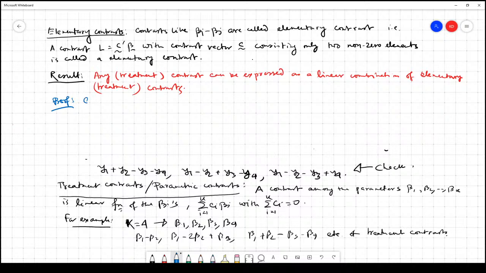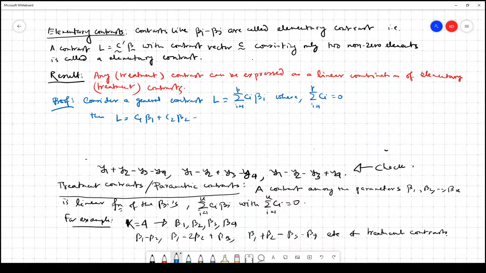Consider a general contrast. The general contrast L, which is equal to the sum over i from 1 to p of ci beta i, where the sum of ci from 1 to p equals 0, then you can write L as c1 beta 1, c2 beta 2, cp minus 1 beta p minus 1, and cp beta p.